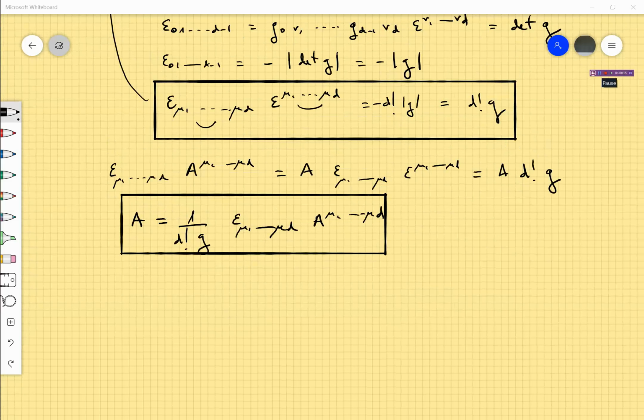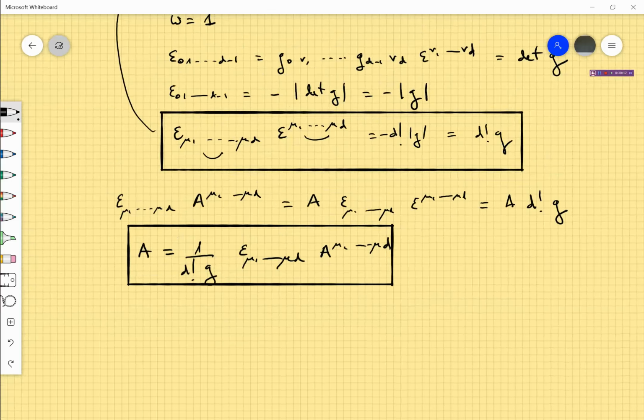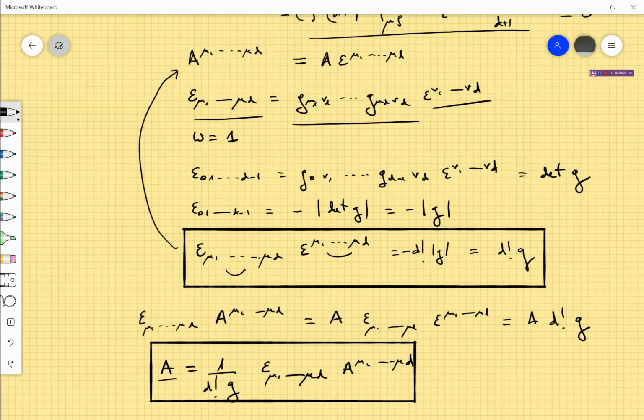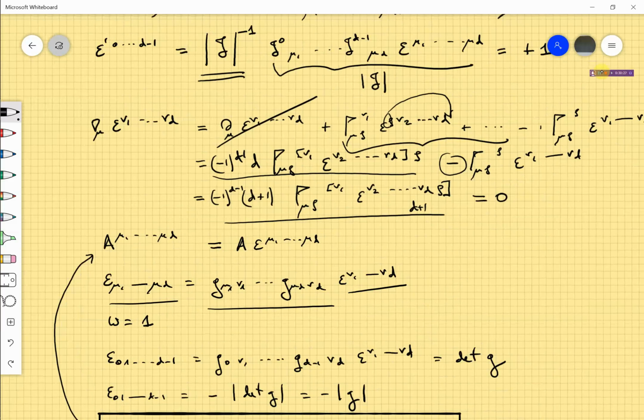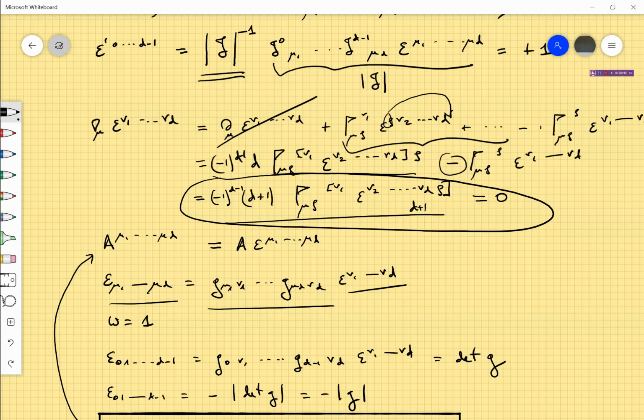So having this formula, knowing this mechanism for finding this coefficient and knowing this property, I could come here and, seeing that everything is proportional to something with d plus 1 indices antisymmetrized, I can do the following. I can multiply both sides by epsilon with the indices down. Sorry, let me explain it in a different way.